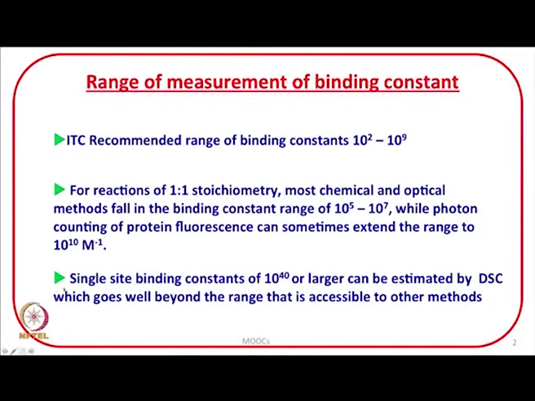Single site binding constants of the order of 10 raised to the power 40 or larger can be estimated by DSC, which goes well beyond the range that is accessible to other methods. So in this lecture, we will be discussing the use of differential scanning calorimetry in estimating the values of binding constant.